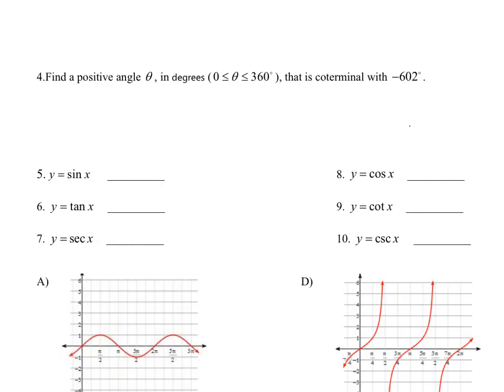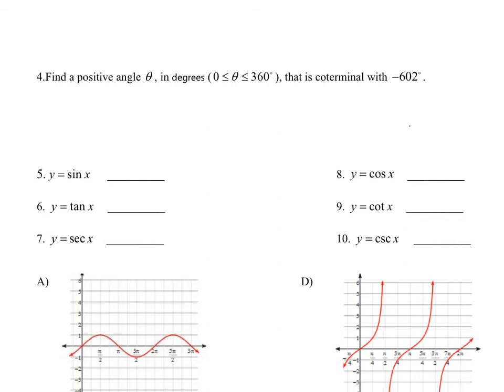Okay, so for question 4, we're finding the positive angle in degrees that is coterminal with negative 602 degrees. Well, all you have to do to find a coterminal angle in degrees is keep adding or subtracting 360 degrees, because 360 degrees will take us all the way around the circle back to the next coterminal angle.